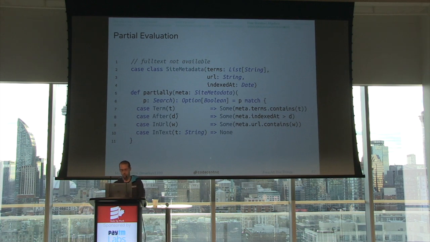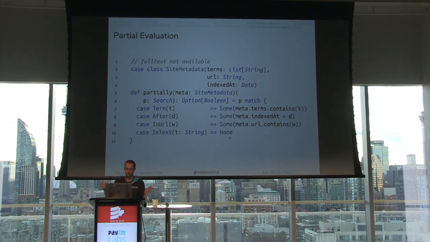If we have a search predicate that checks the term, we can do this. We return a sum of the check whether it contains the T. And for the after, we can do it as well. For the in URL, we can also do it, but not for in-text. For in-text, we return none, because we can't do this on site metadata. We need the whole website for this.